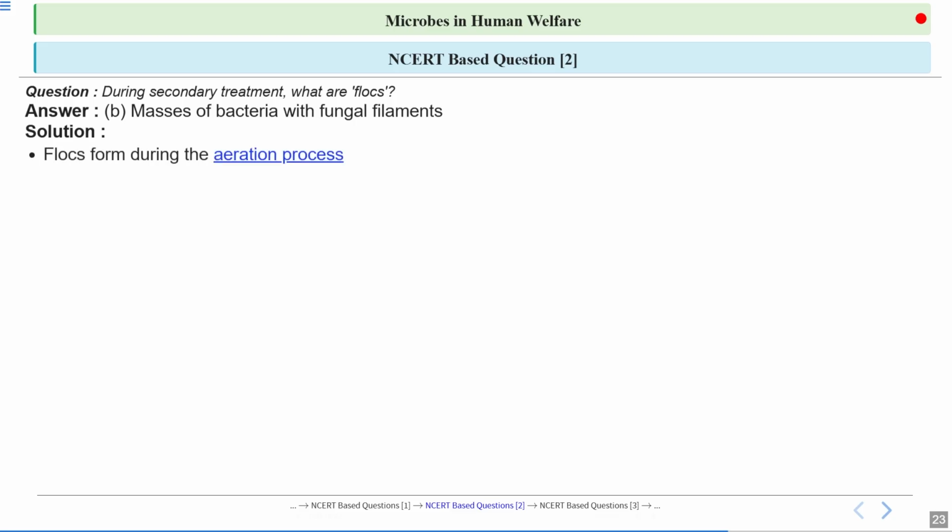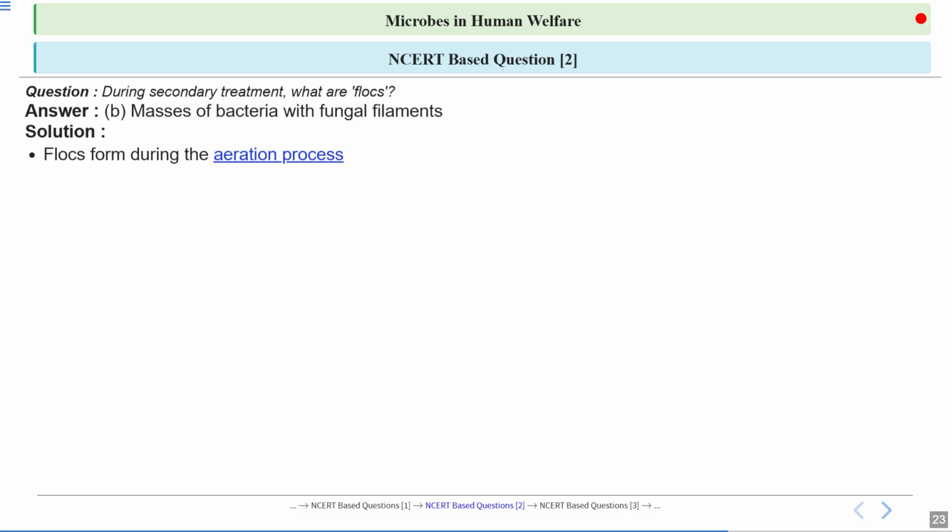Flocks are formed during the aeration process. During wastewater treatment, air is added in the aeration tank, and it is also mechanically agitated. This is done to enhance the growth of the aerobic bacteria.